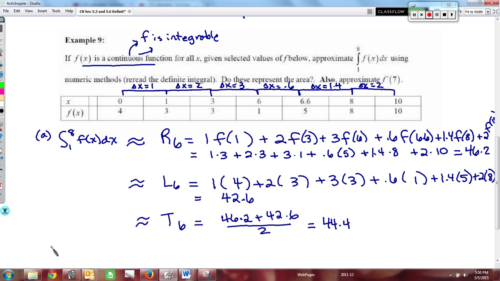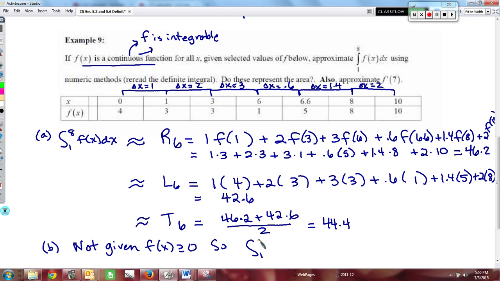Now, again, the second question is, does this definite integral represent the area? You need to be very careful about this. You're going to be tempted to say yes because all of the function values that we are using were positive. However, we were not given that f of x is greater than or equal to 0.